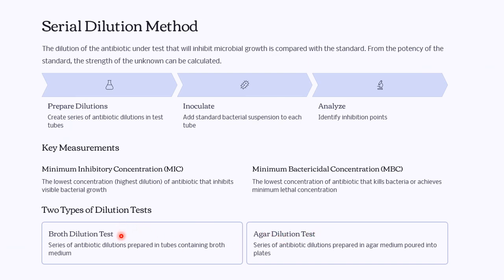If there is no visible turbidity, it indicates the antibiotic inhibits the growth of bacteria. In case of agar dilution test, the absence of colonies indicates the antibiotic kills or inhibits the growth of the microorganism.